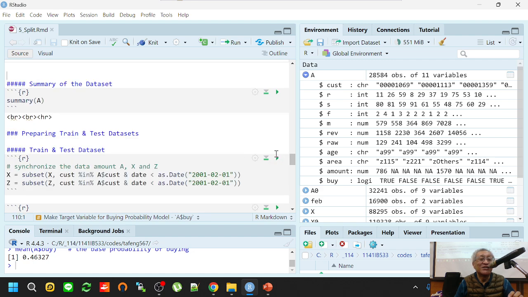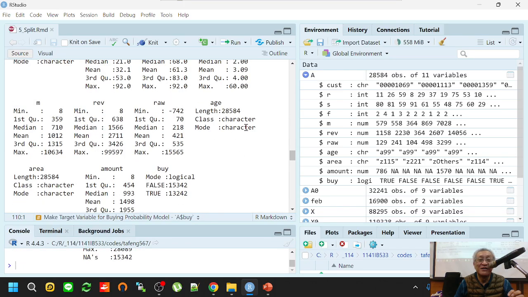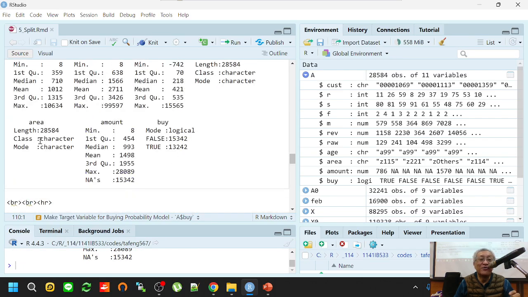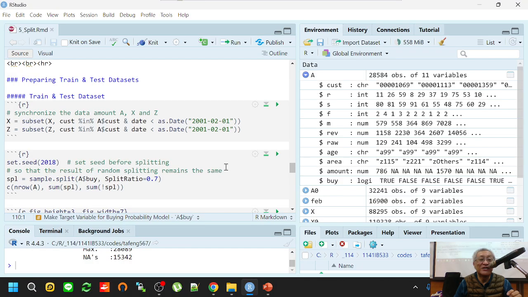We can do a quick summary of A, but this is just to get an idea of what is inside A, right? And then we need to split the training and testing data set.